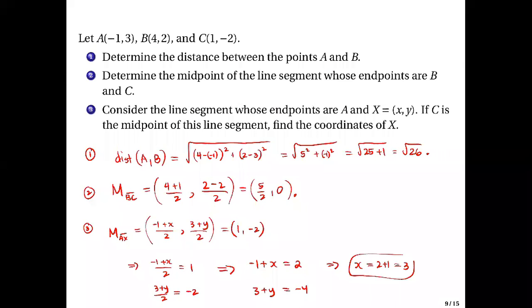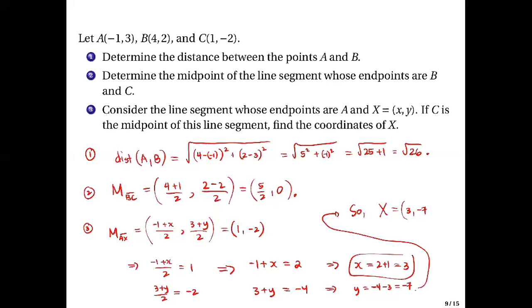So this is our x. And then here you have y equals minus 4 minus 3. This is equal to minus 7. Okay? Therefore, the point X has coordinates 3, comma, negative 7. Okay?